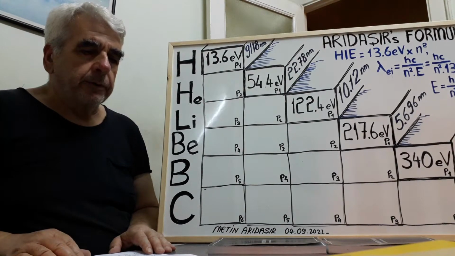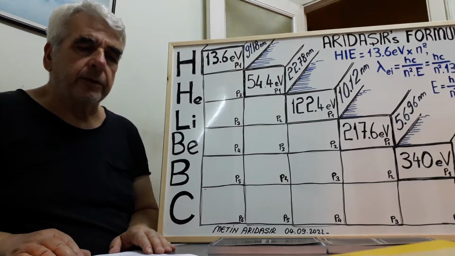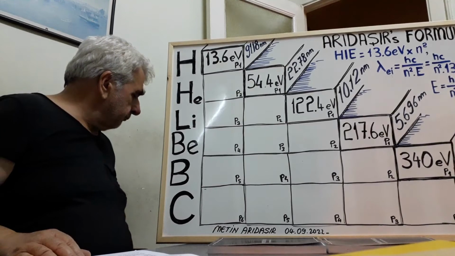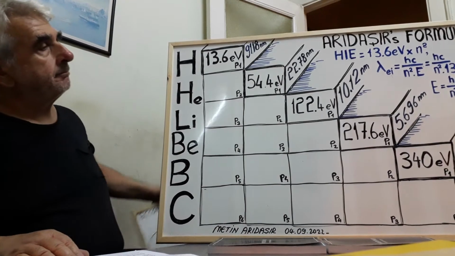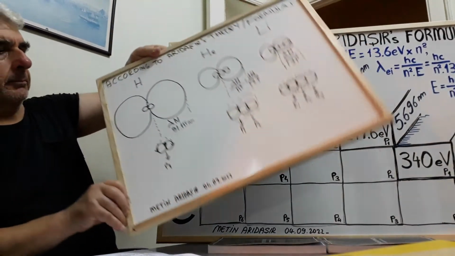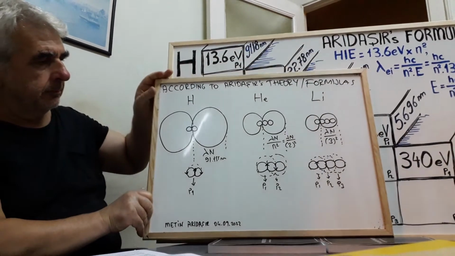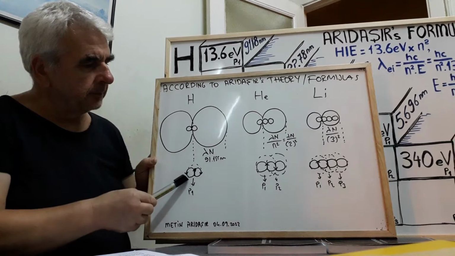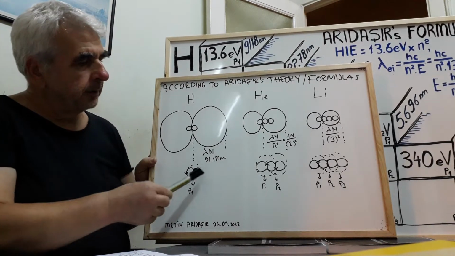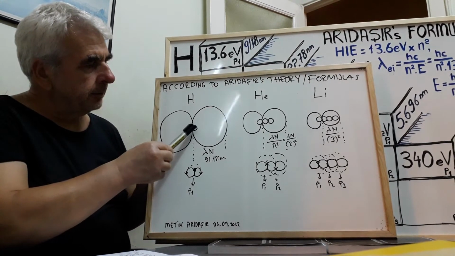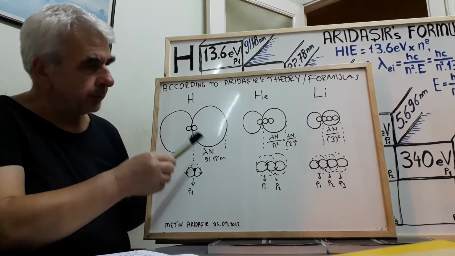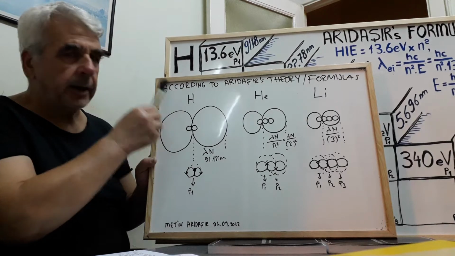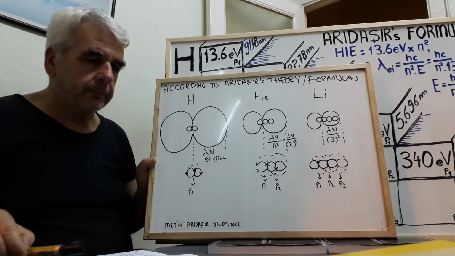1. Each proton that added to the hydrogen's single proton. Here, this is proton, small, this is proton, this is electron, this is hydrogen atom.